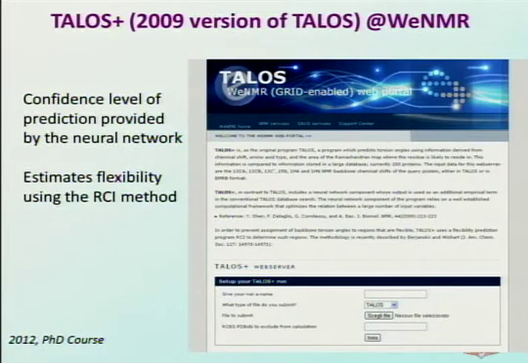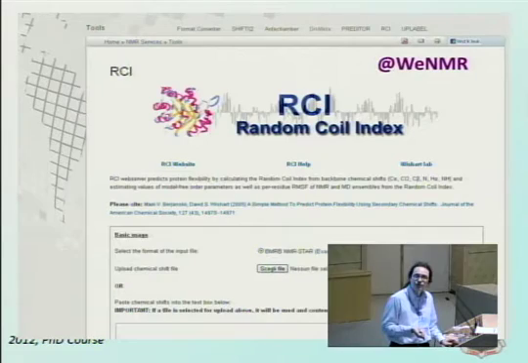And this is also available via the WeNMR platform. There's a specific portal for this program, which does not require the grid certificate because it's a very fast calculation. It just takes a few seconds and it's done. So I'm not going to demonstrate it, but please note that it is available.